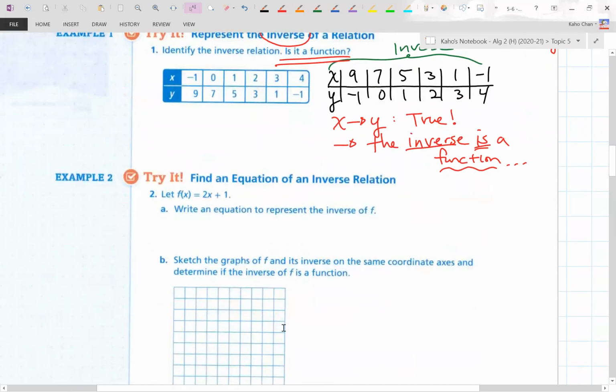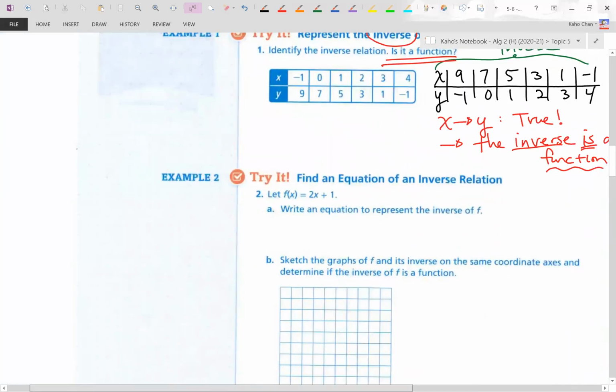Question. How does one find an inverse? That's the next question on our notes here. How do we find the inverse? All right. Here are the steps to find an inverse.